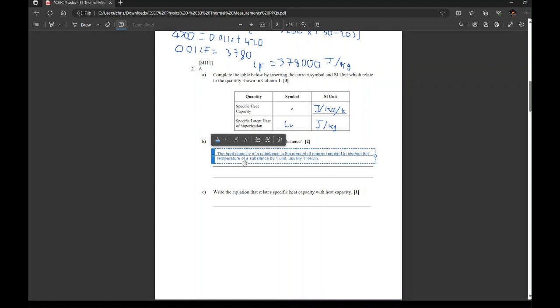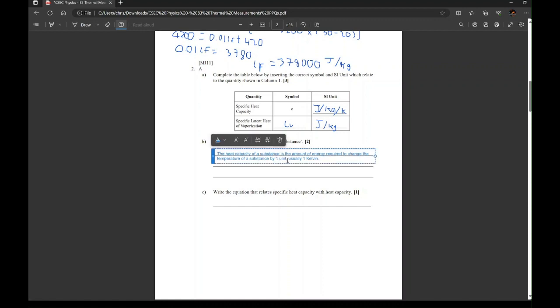Okay, so this is the definition for heat capacity of a substance, right? But if this was specific heat capacity, we'd have to factor in the mass, right? So the definition would actually read, the specific heat capacity of a substance is the amount of energy required to change the temperature of 1 unit mass, usually kilograms, of a substance by 1 unit of temperature.